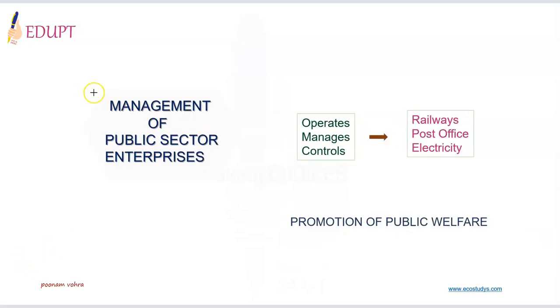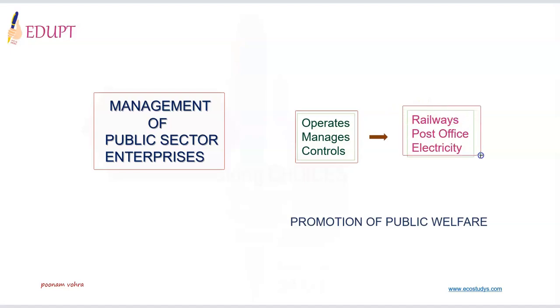Budget is prepared for the management of public sector enterprises, especially the natural monopolies, where government operates, manages, and controls monopolies like railways, post office, and electricity in order to promote public welfare. Hence, provisions are made for managing such enterprises.